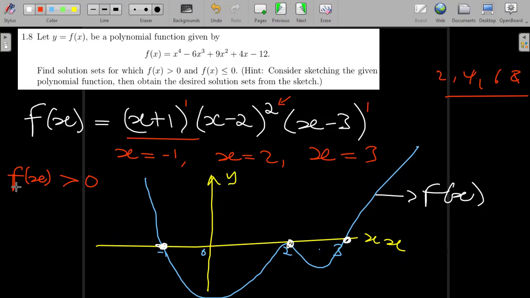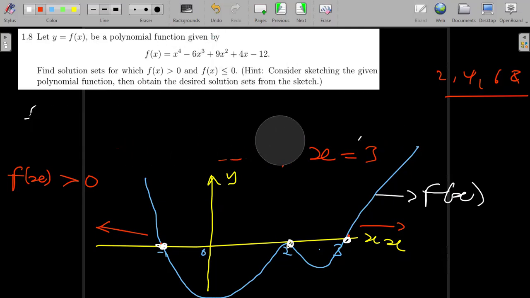The solution set is simply all the x values such that the graph is above the x-axis. So the graph is above the x-axis, starting from this point going to the left, and starting at this point going to the right. It's above the x-axis like that. So we have two solution sets for this case here. So let me erase this part.